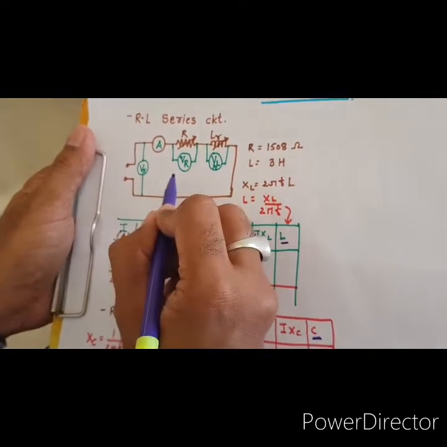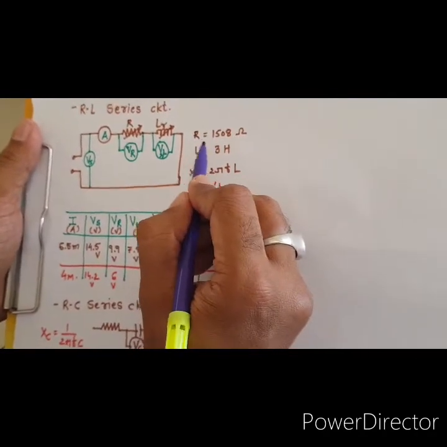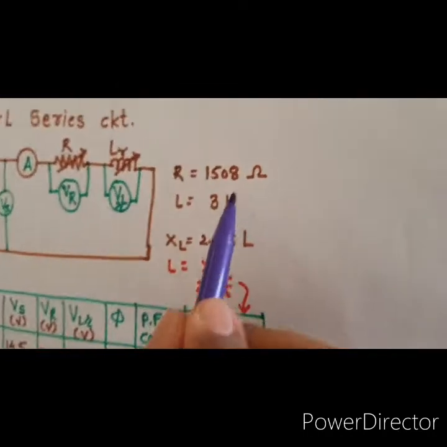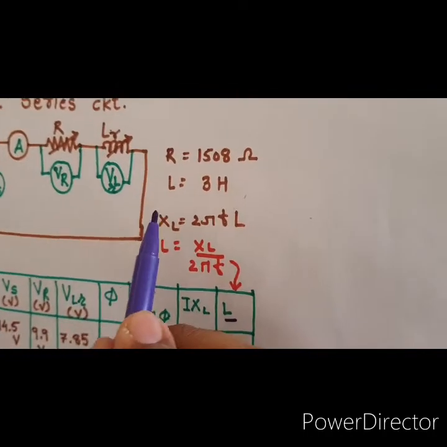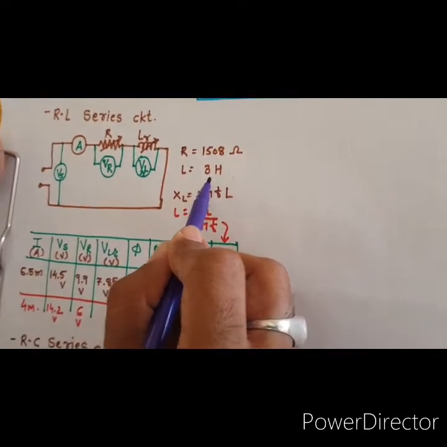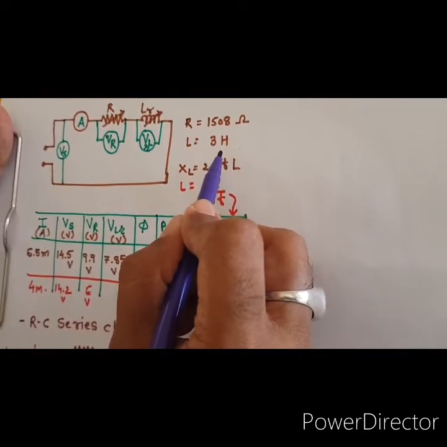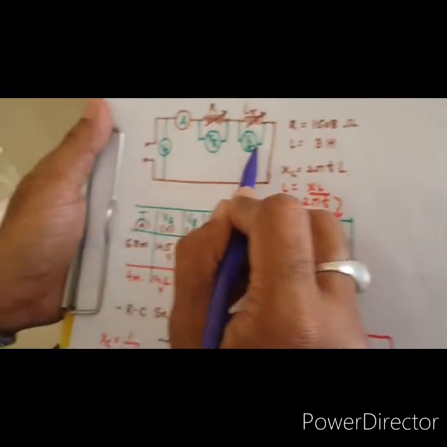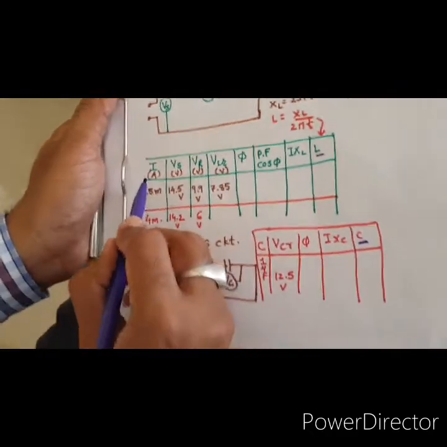Now in this particular practical we are taking R equal to 1508 ohm, a value measured by the multimeter, and the inductor we are using is a 3 ohm choke. From all 4 meters we have taken the readings.